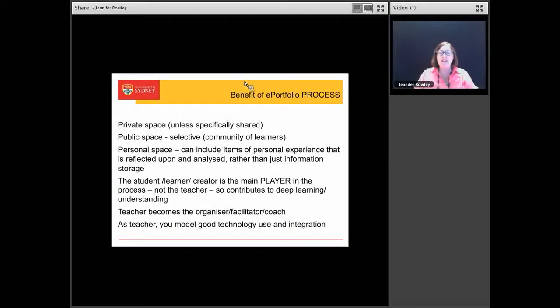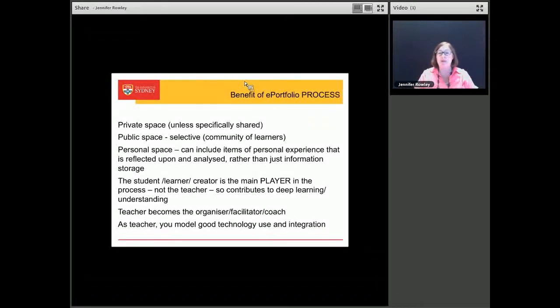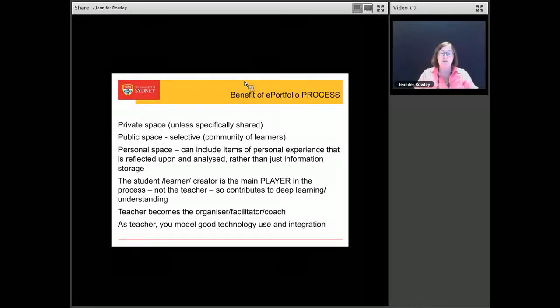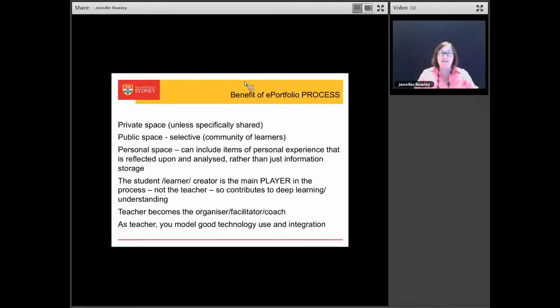I believe that the student is the creator, and they really are the main player in this process, not you as the teacher. And I really do believe that the process contributes to deeper learning and understanding, and I do actually have quite a bit of years of research and student comments and focus groups and interviews and a variety of other things that we've done that would really give clarity to that statement.